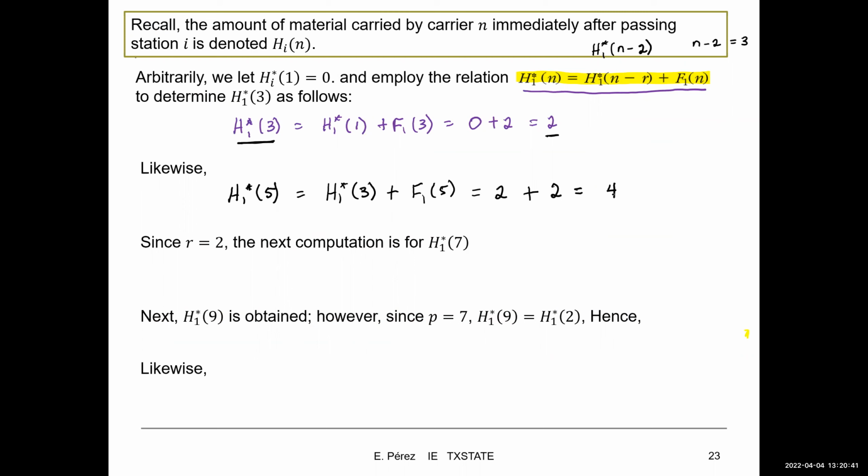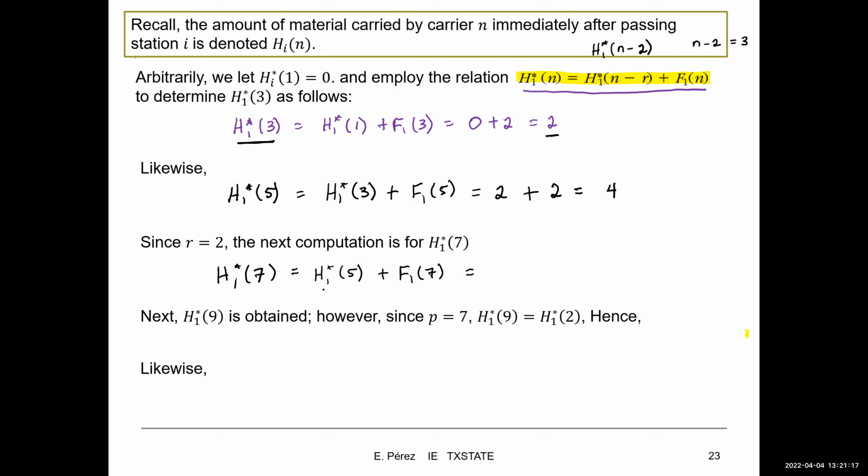So I now have H1 star of 5. The next one, we are adding 2, right? So we started with 1, we went to 3, we went to 5. So the next one will be H1 star of 7. So H1 star of 7 will be equal to H1 star of 5 plus F1 of 7.